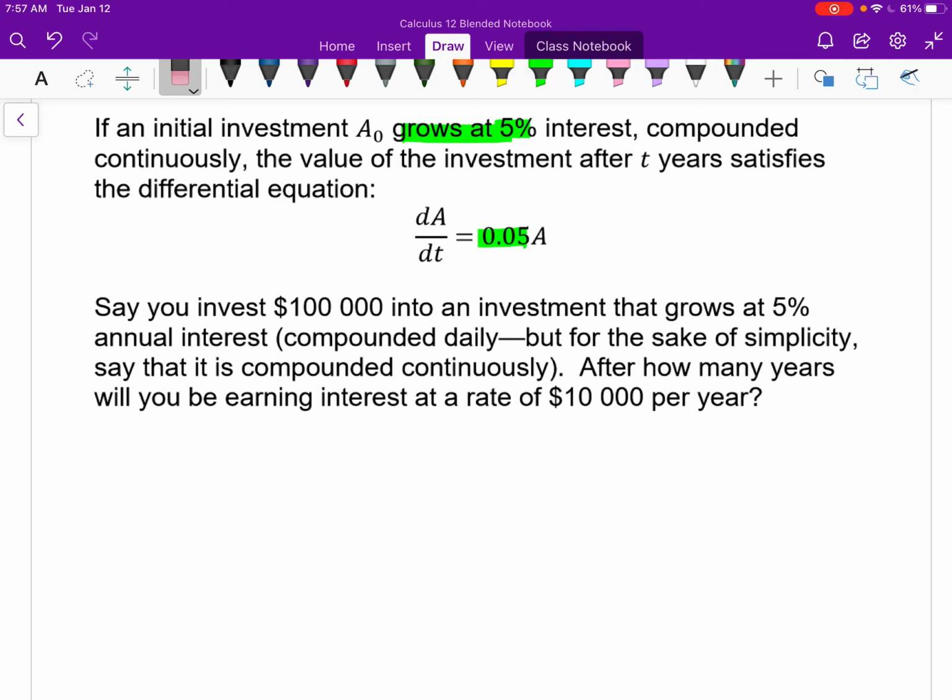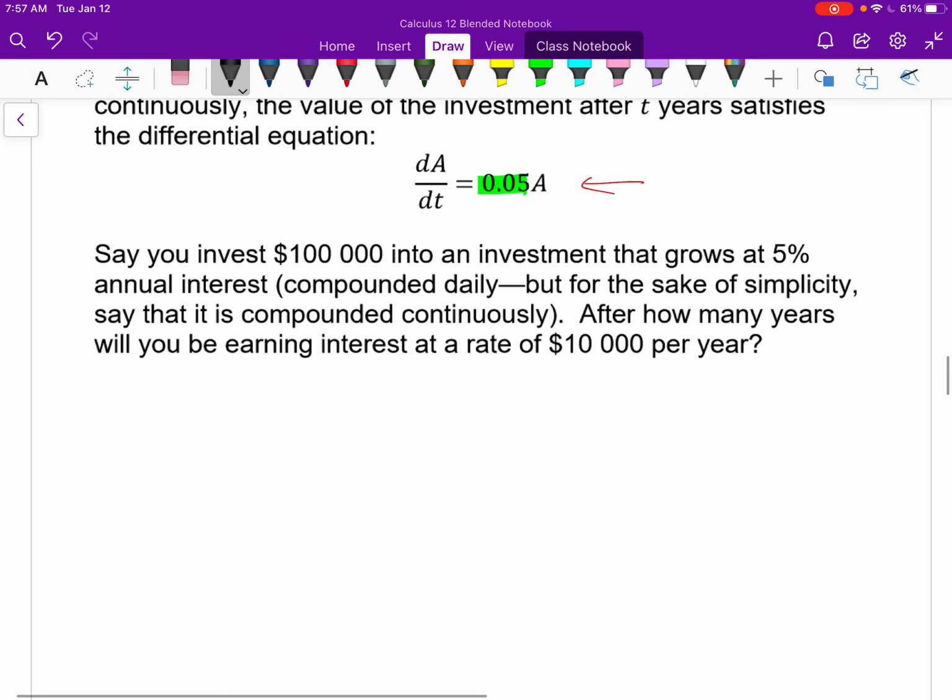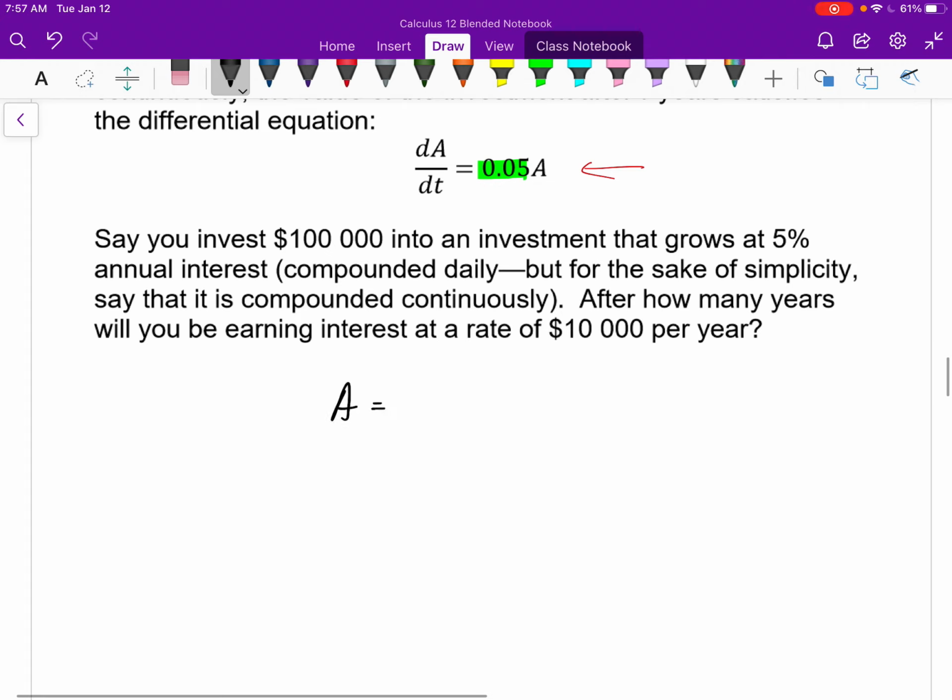So for this, anytime I have an equation written in this form, if I want, I can write it in this form as A equals A0 times e to the rt. And again, r is 0.05, so I'll just change that right now.